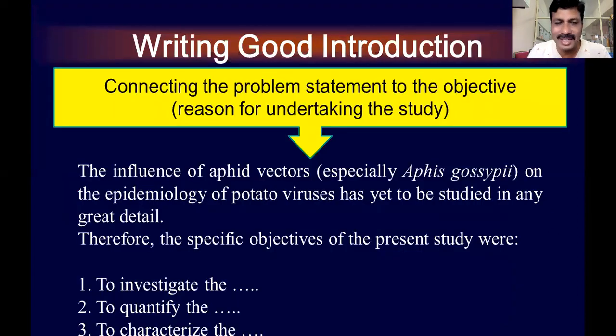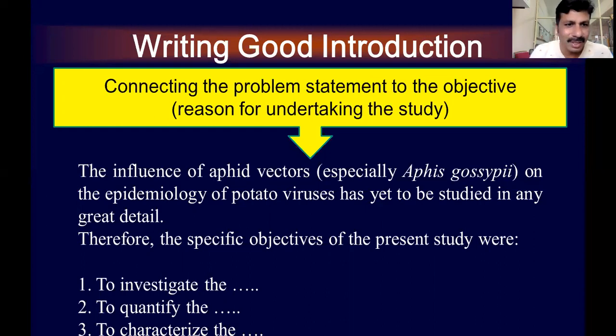For writing a good introduction, we connect the problem statement to the objective. Here you see: the influence of aphid vectors, especially Aphis gossypii, on the epidemiology of potato virus has yet to be studied in great detail. Therefore, the specific objective of the present study... So you are telling what has been done, what the gap is, and what you are actually going to do.